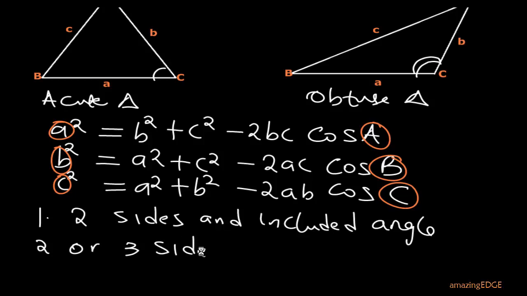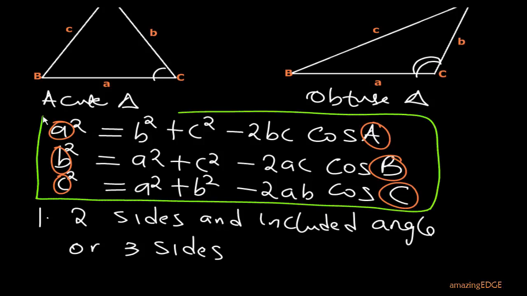So we rather have one condition: two sides and the included angle, or all three sides. That's when we use cosine rule. This is the formula we are going to familiarize ourselves with, so try to have this at the back of our mind when dealing with cosine rule.